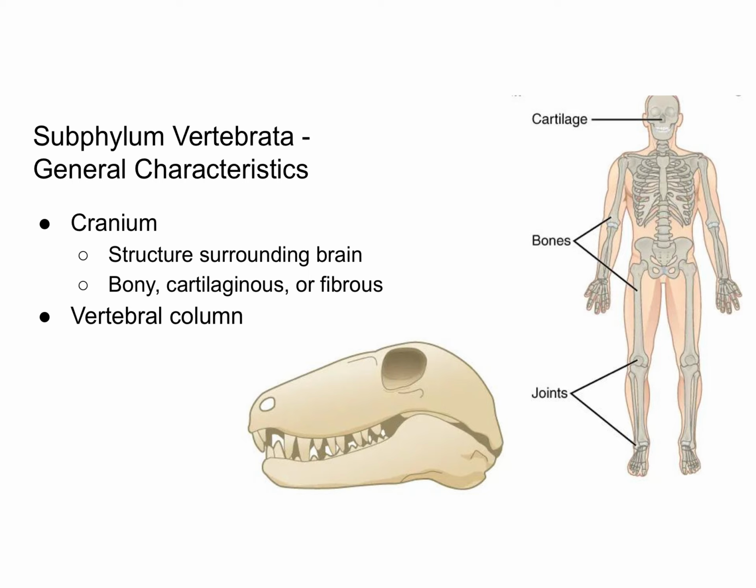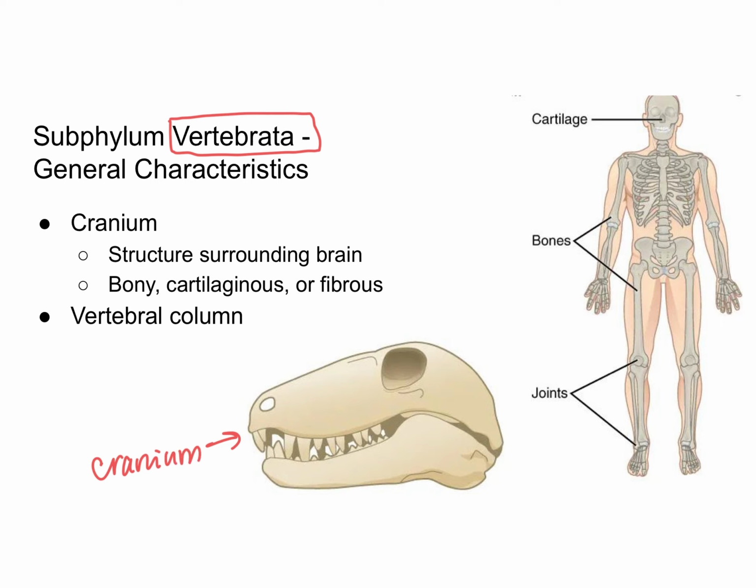So now we're going to move on to our main subphylum that we're going to be looking at for the rest of this lesson, and this is subphylum Vertebrata. And the general characteristics associated with all organisms in the subphylum are that they have a cranium, which you can see in this picture here.